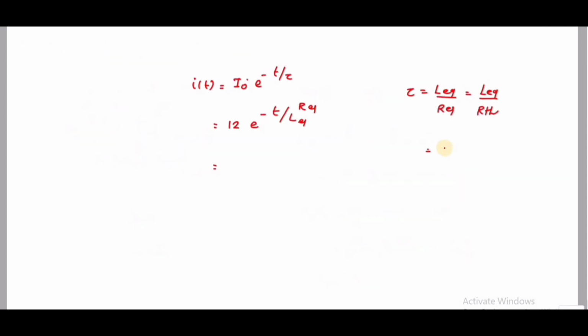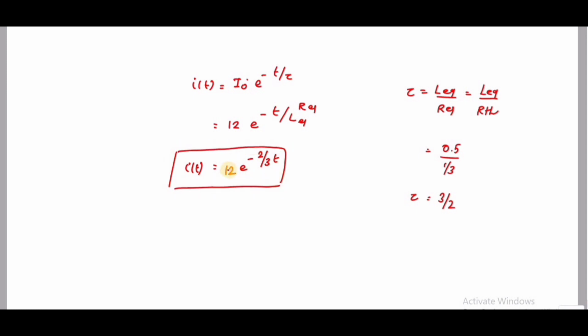Here R equivalent and RTH are same. So if I substitute, I will get 3 divided by 2. So I substitute 12 into e power minus 2 by 3 of t. This is your I of t in terms of amps.